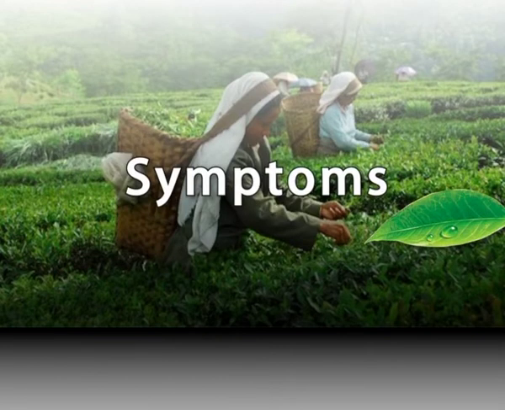Now let us see the symptoms of the disease. Blister blight is the most serious disease affecting shoots of tea and is capable of causing enormous crop loss.